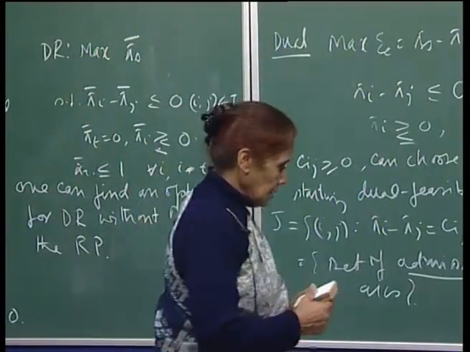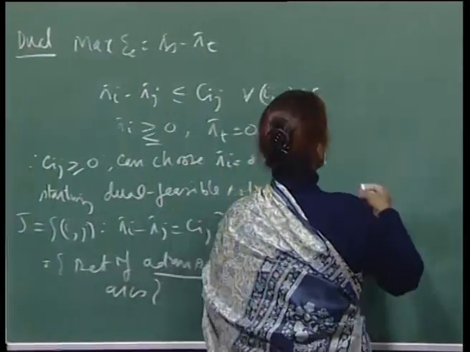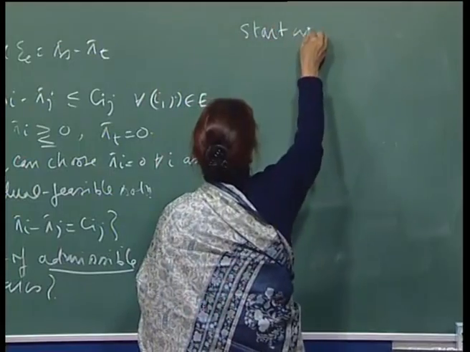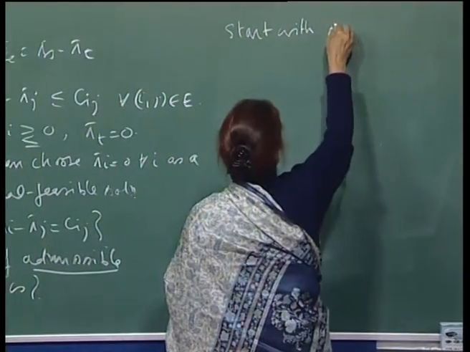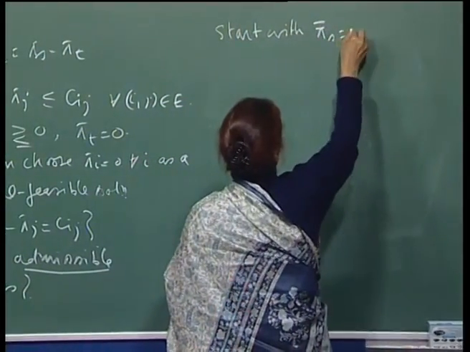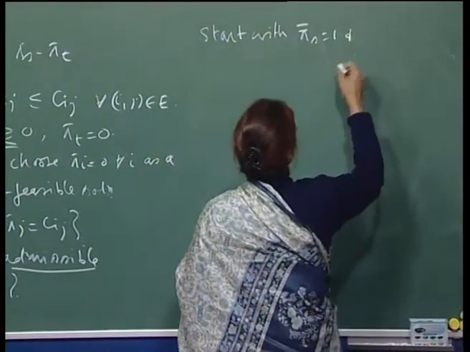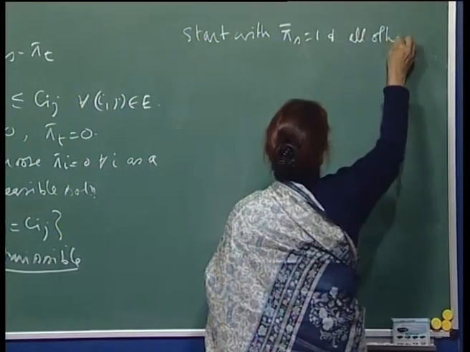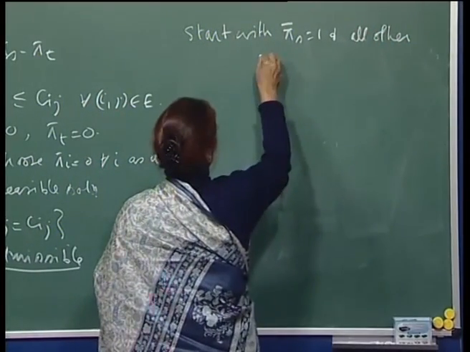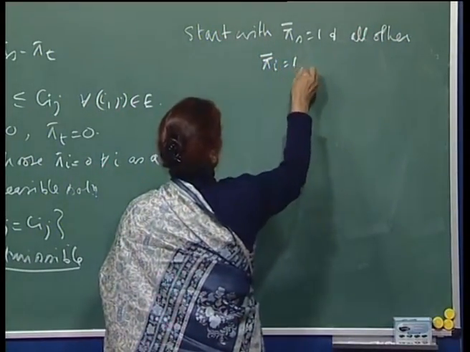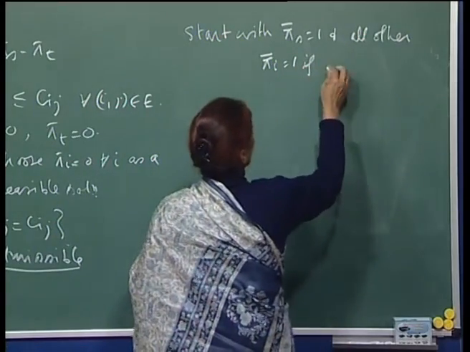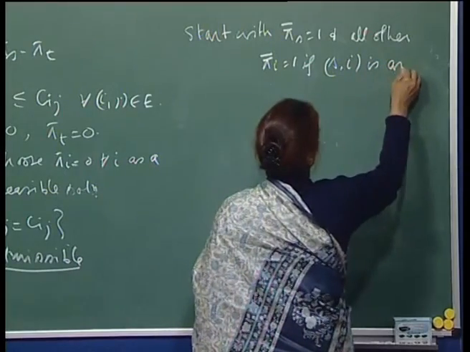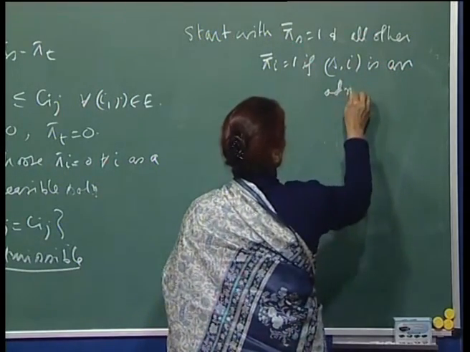So let us try this solution. We will start with pi bar s equal to 1 and all other pi bar i equal to 1 if si is an admissible arc.